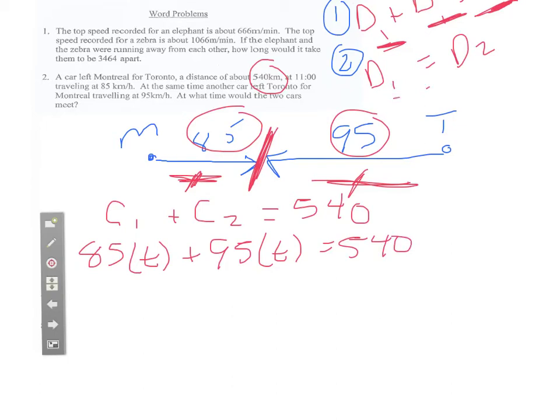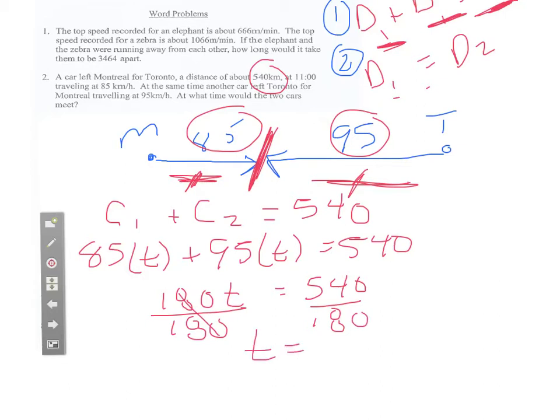And 85 plus 95 is 180t, which gives me 540. I'll use algebra. And 540 divided by 180 is 3. So the total time for them to meet is 3 hours.